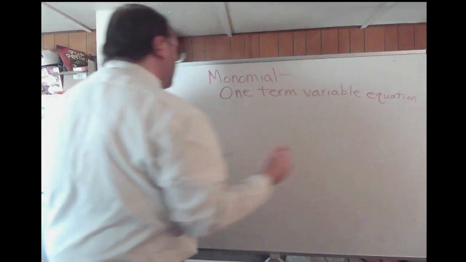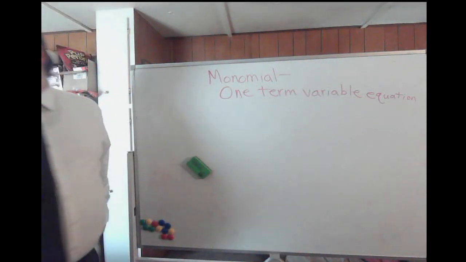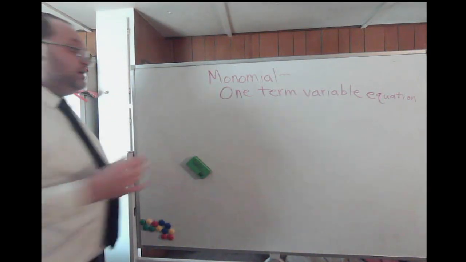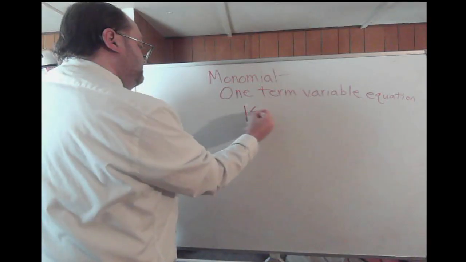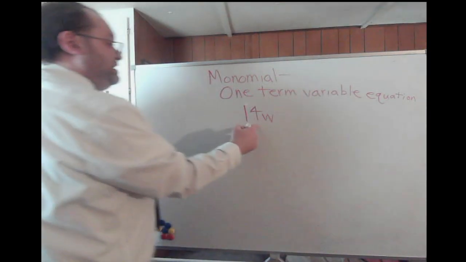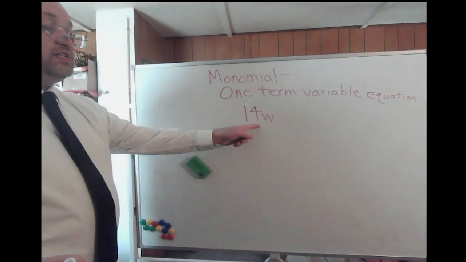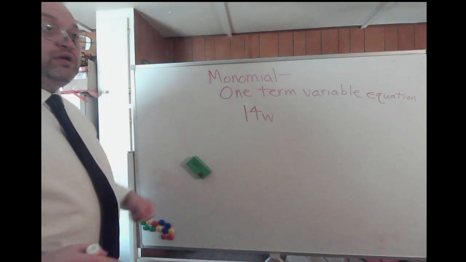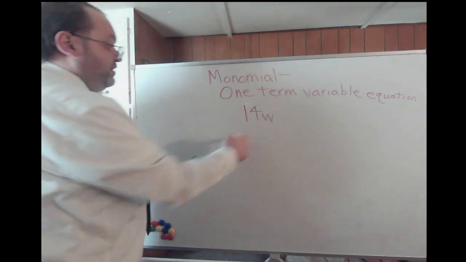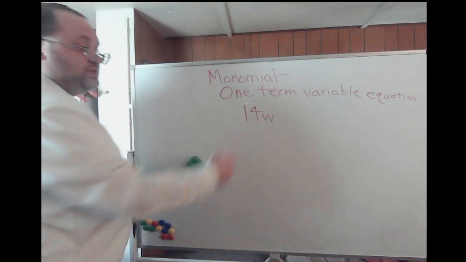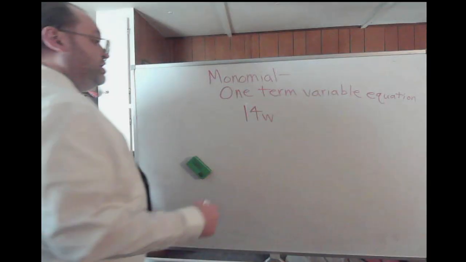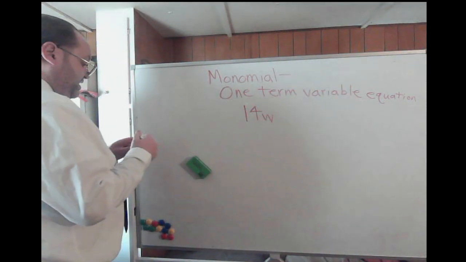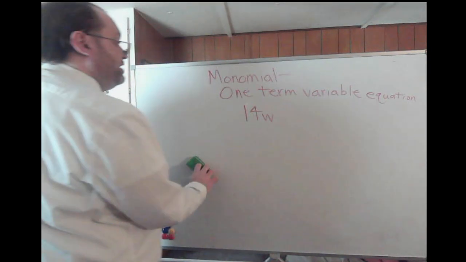A one-term variable expression. I'll give you an example here. Let's say we have 14w, right? We got 14w, that's the only term in this expression, that's a monomial. Because you have a one-term variable expression, 14w is a monomial. We are going to do the prime factorization of this monomial.